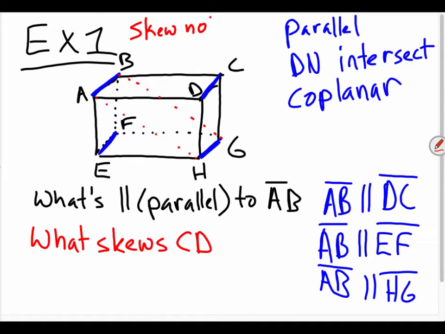So skew, 1, does not intersect, 2, not coplanar, 3, it's not coplanar, does not intersect, and is not parallel. All right, so we're looking at CD.